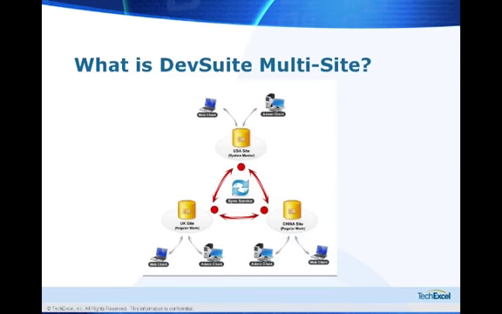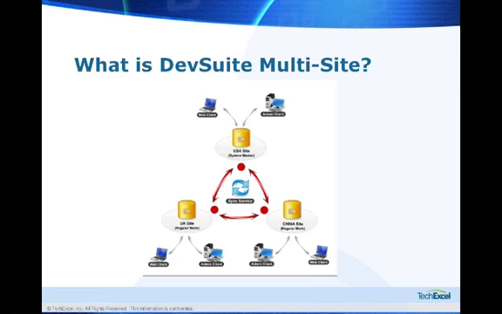And so what multi-site does is it allows you to set up a separate system for each of your sites. In the diagram here you can see, and this is actually exactly how we have our company set up too, but we actually have another site in North Carolina, but let's just pretend we only have 3 sites right now. So you can have a USA site, a UK site, and a China site.